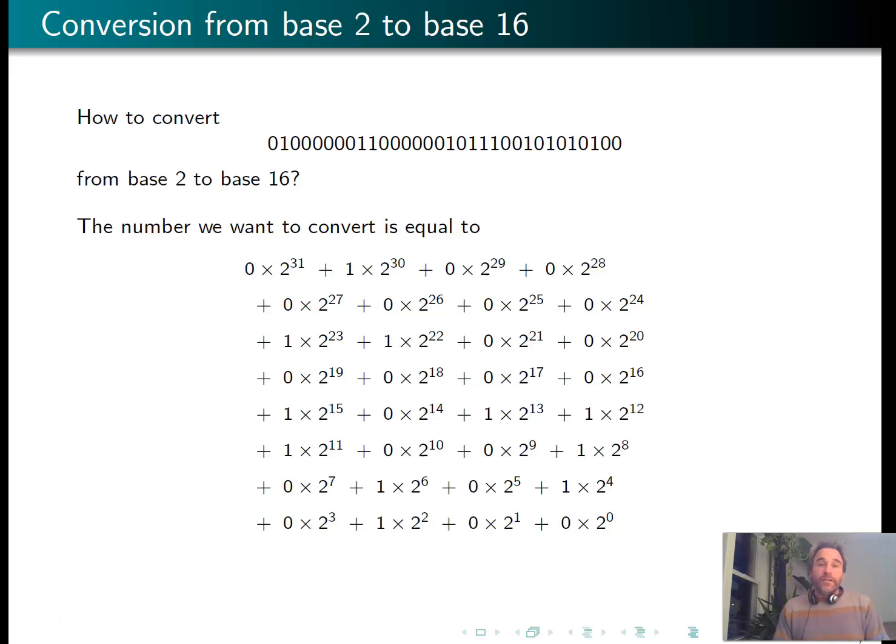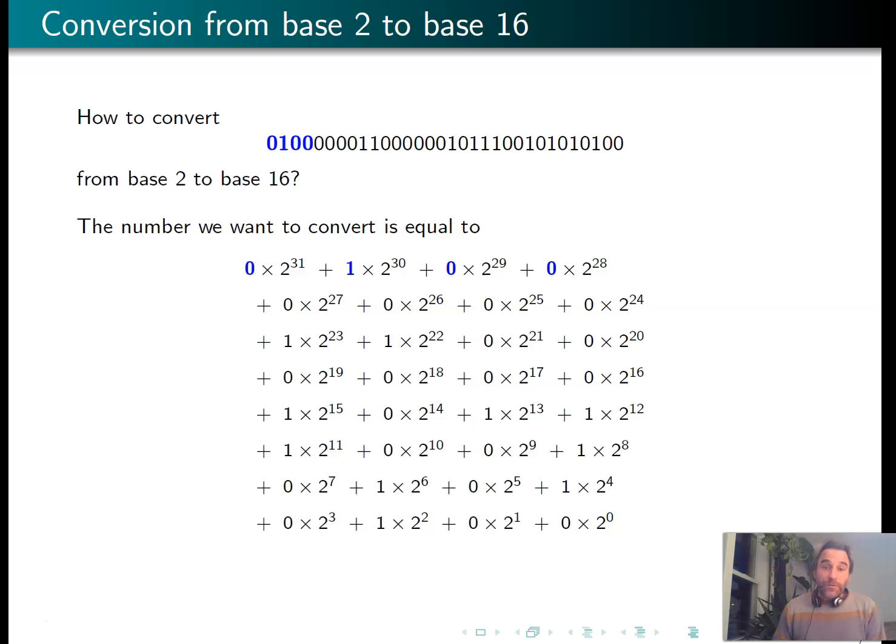Good. How do we convert a number in base 2 to base 16? So what is that number? We have a 32 character binary number, which means that the leftmost character multiplies 2 to the power 31, and the rightmost character multiplies 2 to the power 0.